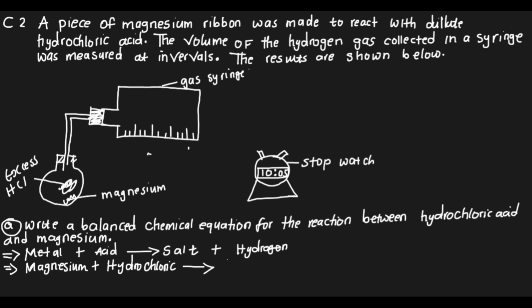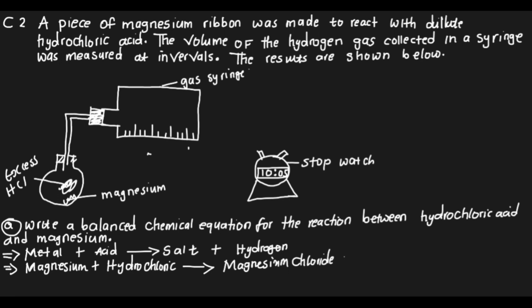The salt is an ionic compound, so it will consist of the metal. Do not change anything with the metal, but from the acid, it depends on the acid you have used. If the acid used is hydrochloric acid, you need to add chloride. That's a pattern.